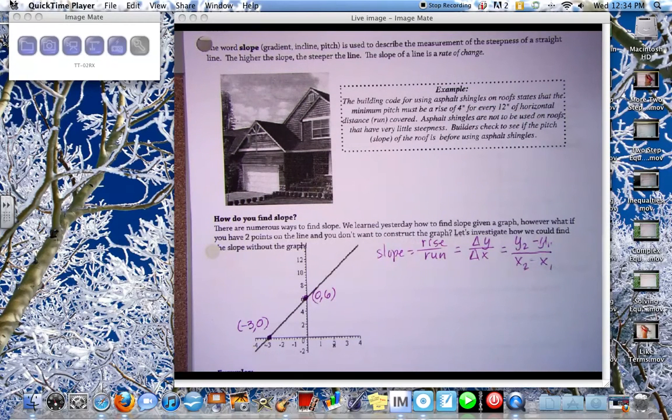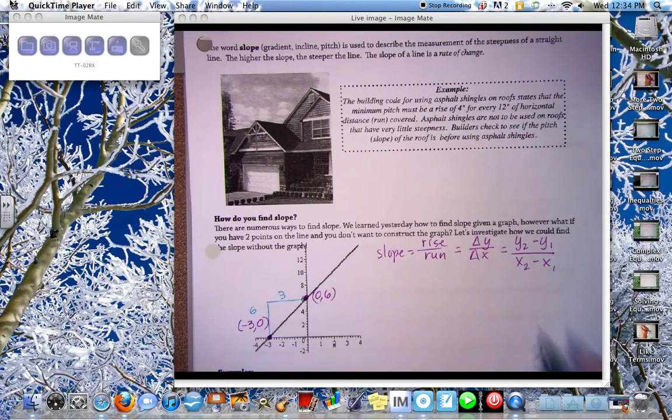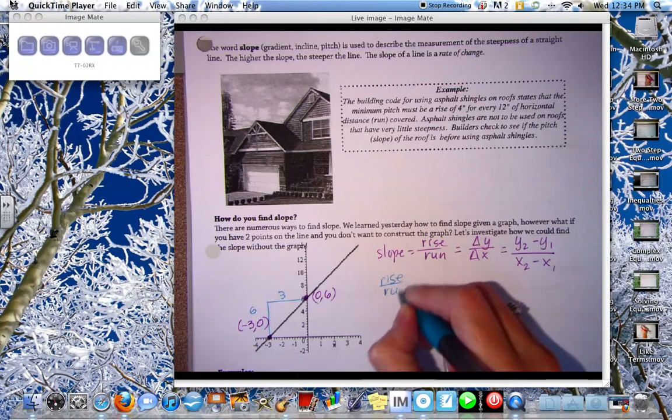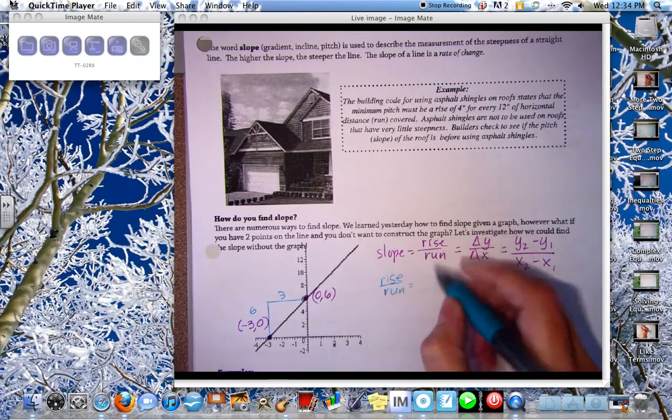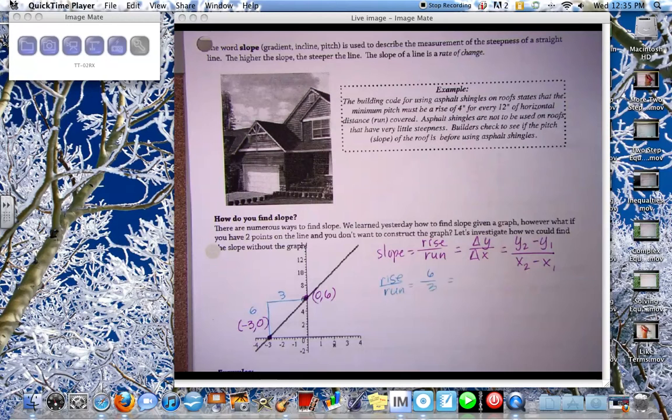All right, so on this particular graph, what is my rise? 6, and my run is 3. So when I look at this picture, I see that my rise is 6 and my run is 3. Can we simplify that? 2 over 1. We could also write it as 2.